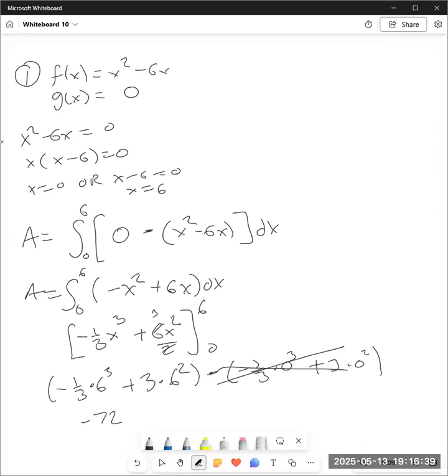And then 36 times 3 is 108. 108 minus 72 is 36.